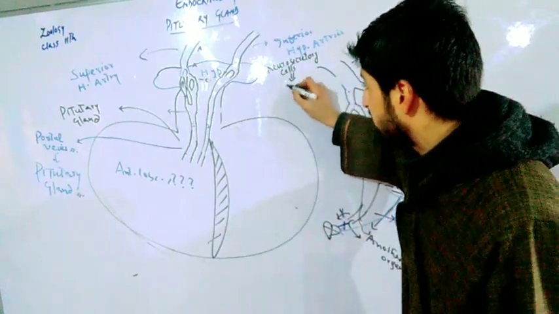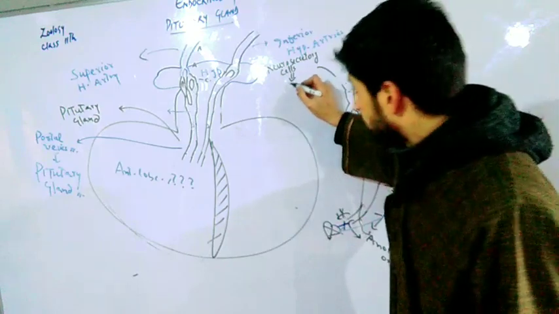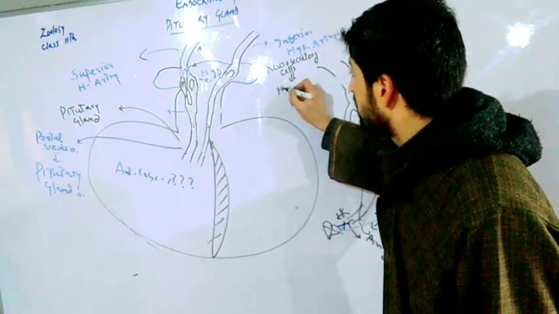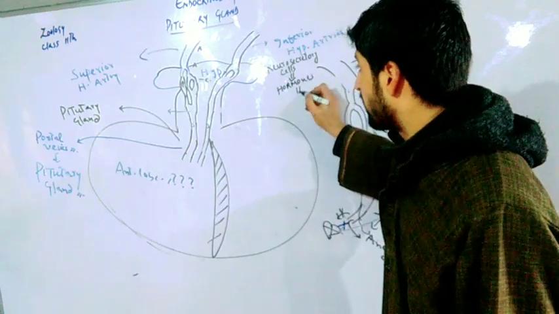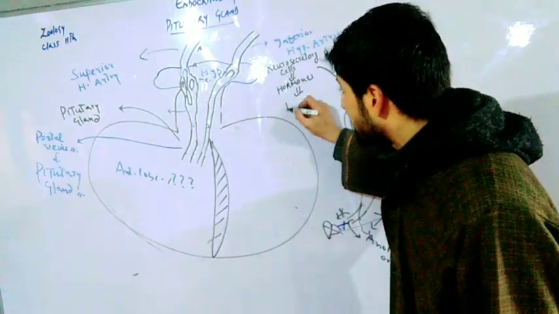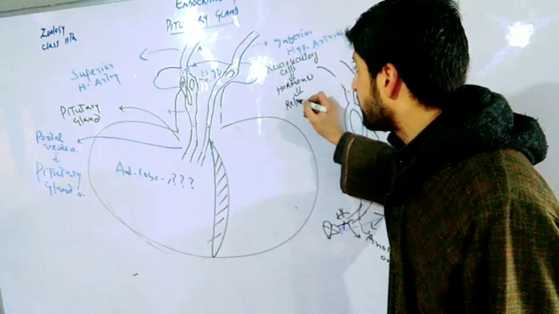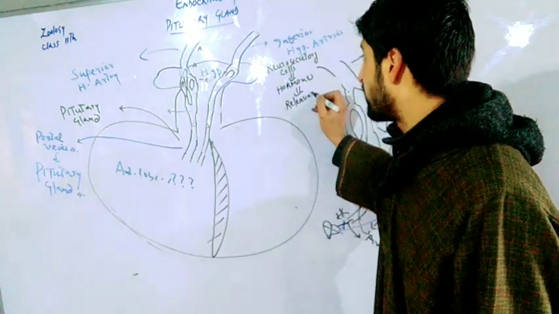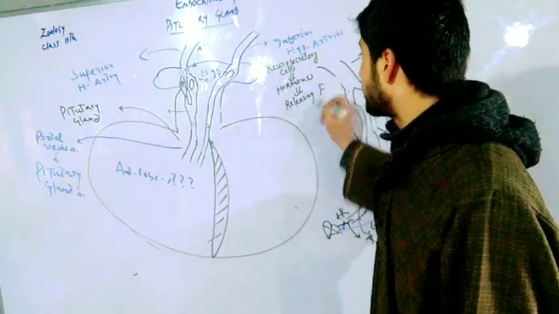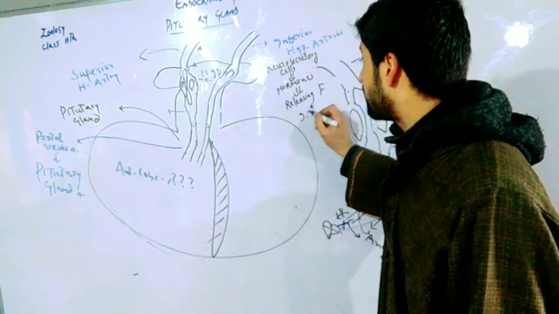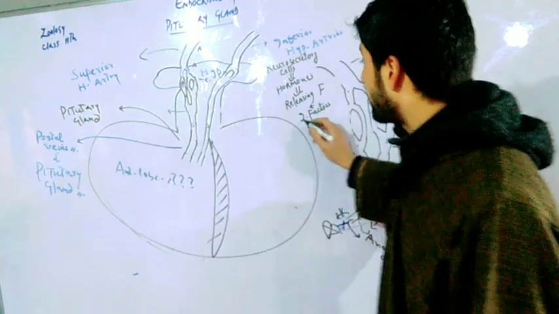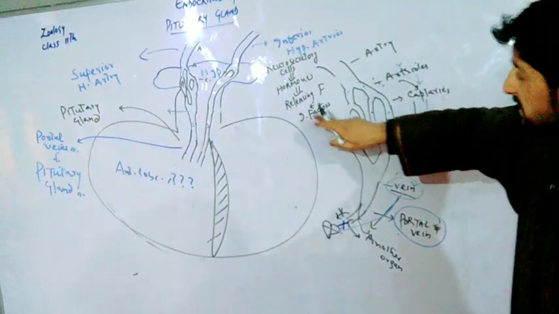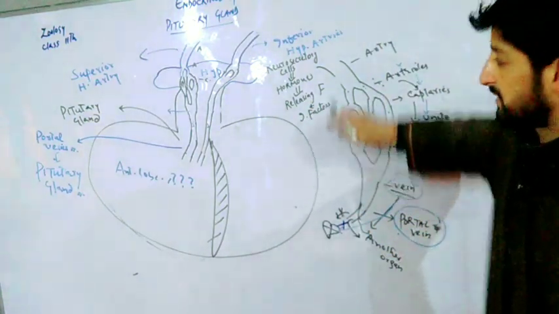Those neurosecretory cells produce special signaling molecules, or you may call them hormones. These hormones are known as releasing factors and inhibiting factors, releasing hormones or inhibiting hormones.